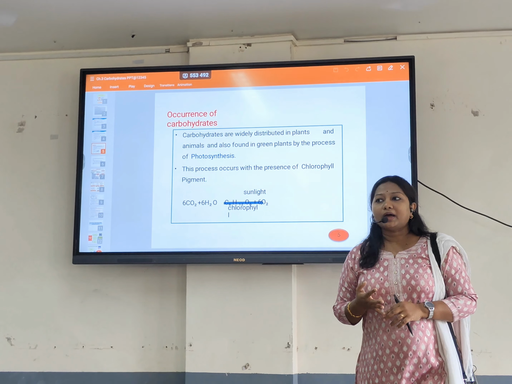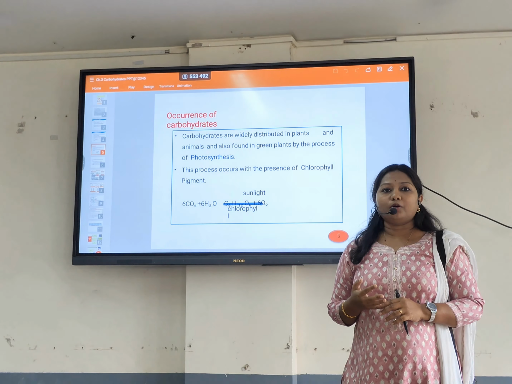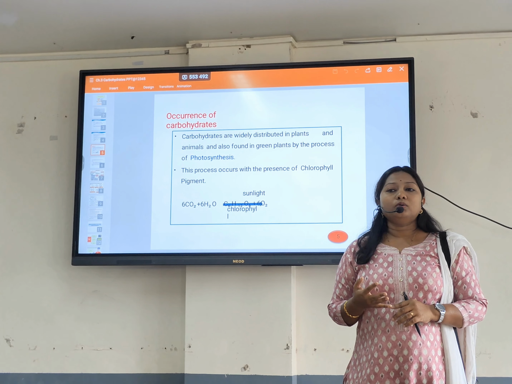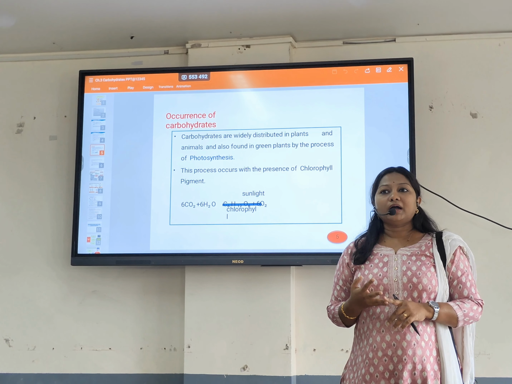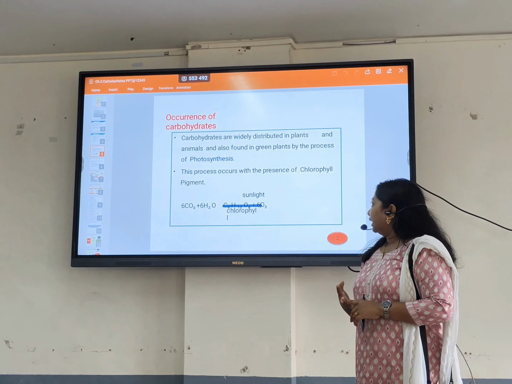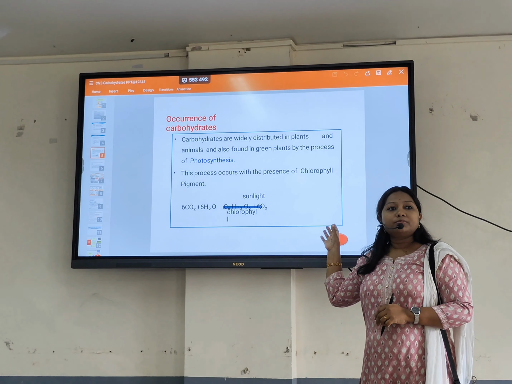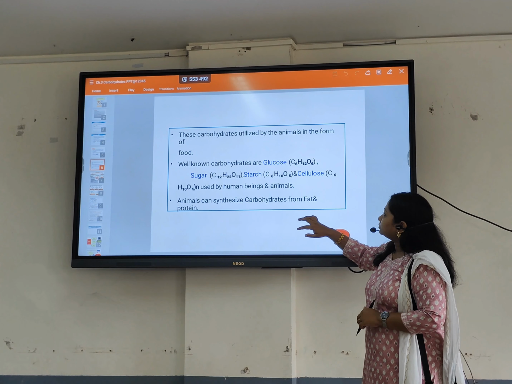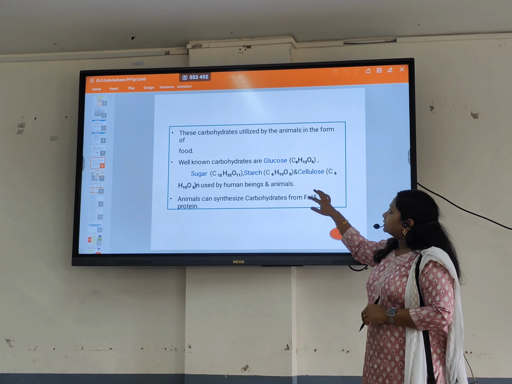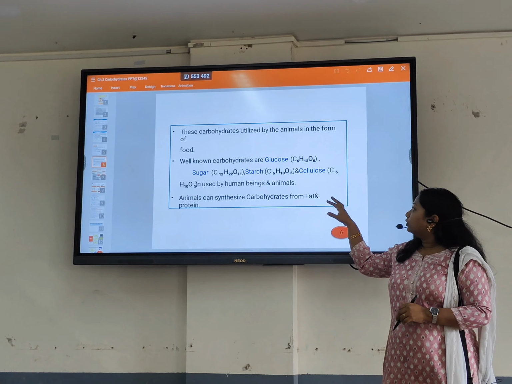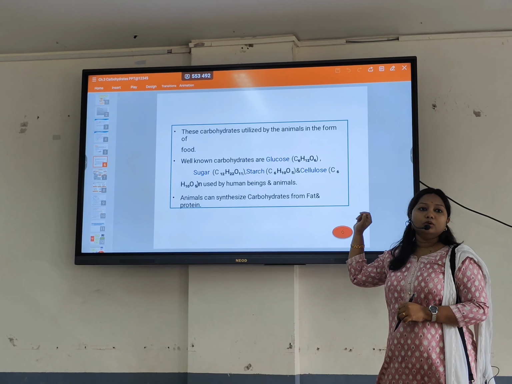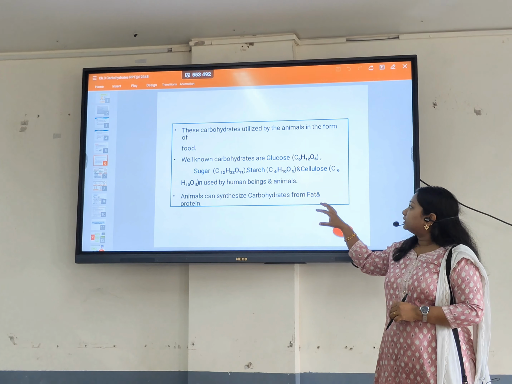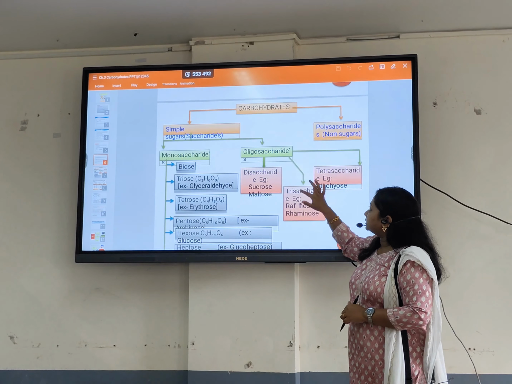For synthesis of carbohydrate, we require chlorophyll, water and carbon dioxide. So in presence of sunlight, finally carbohydrates get formed. Well-known examples like glucose, sugar, starch and cellulose are commonly found in the plants.